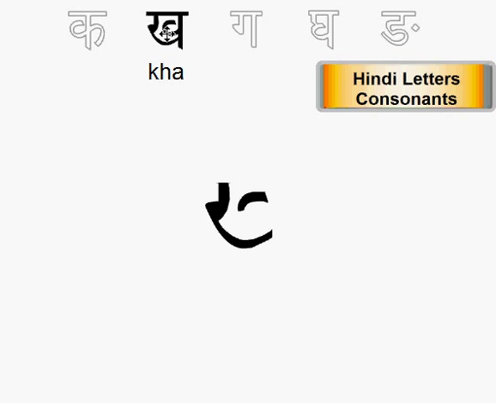Now this letter does have an aspiration to it, which means it does have an h sound. So you start with ka and then you add an h sound. Ka, ha, kha. You put it together, kha.